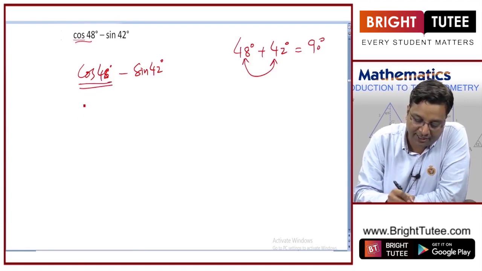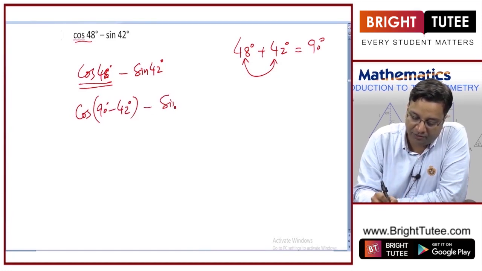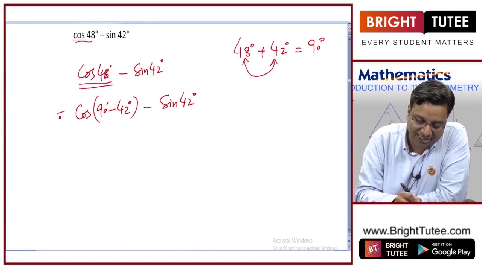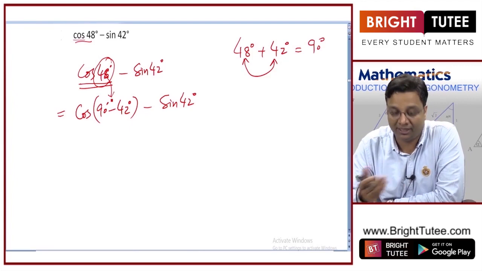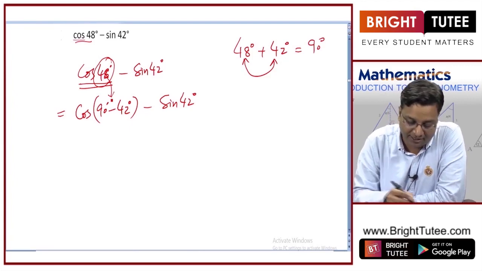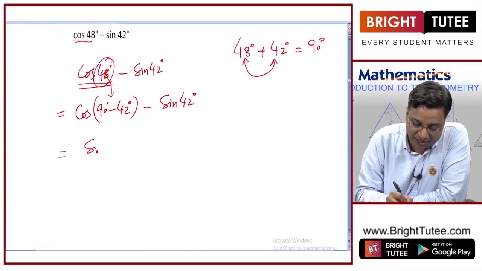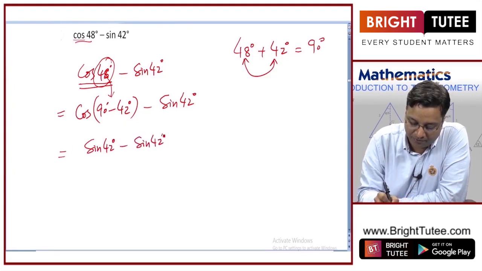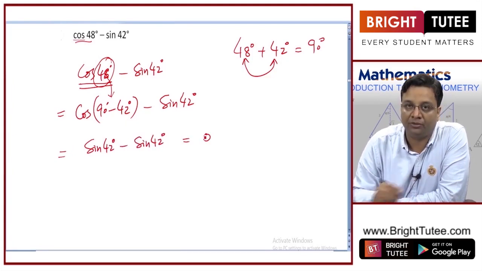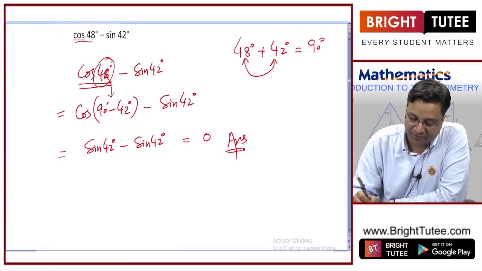So cos 48 can be written as cos 90 minus 42 minus sin 42. Why am I writing 48 as 90 minus 42? Because I will convert it into sin, right? So this will give me sin 42 minus sin 42. It is equal to 0. So this is your answer.